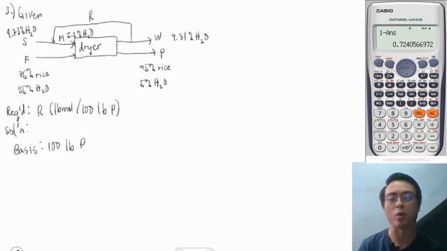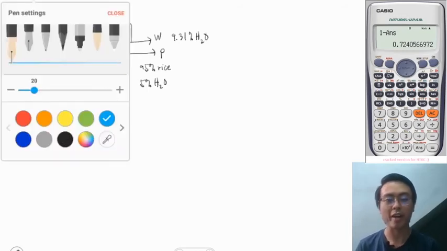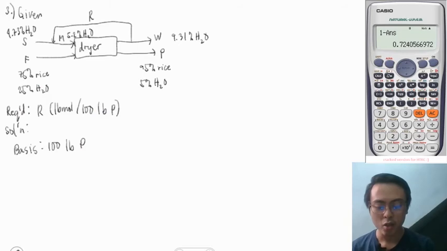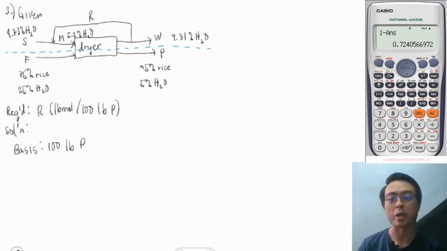You have to keep in mind that we are dealing with both mass and moles, and you cannot combine mass and moles in OMBs. So to not be confused with the divide between mass and moles, let's draw a line in the middle between the bottom and the upper streams. Everything on the bottom is in terms of mass, everything at the top is in terms of moles.